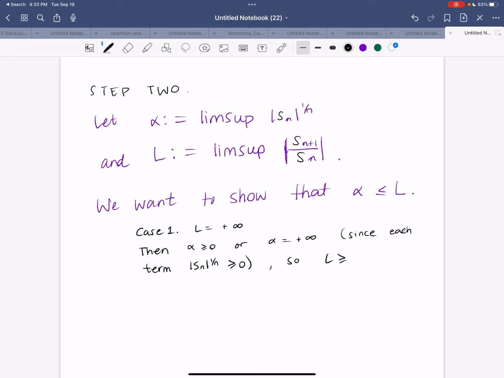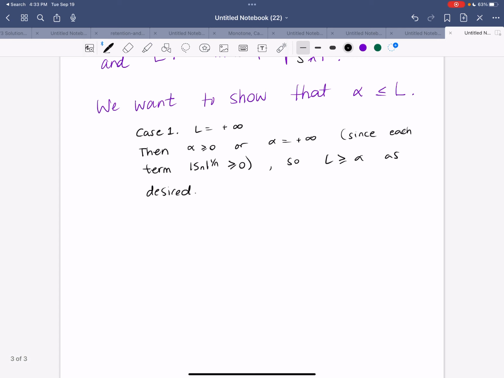So L is bigger than or equal to alpha as desired. So that's the easy case. Let's move on to case 2, which is that L is a real number.